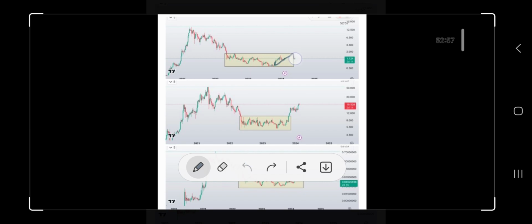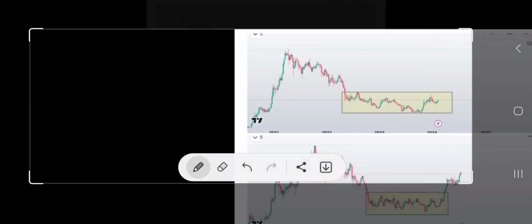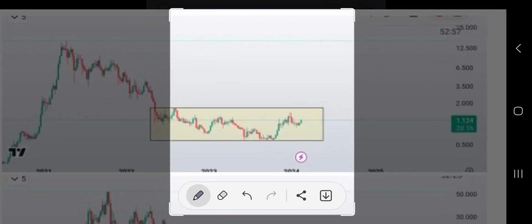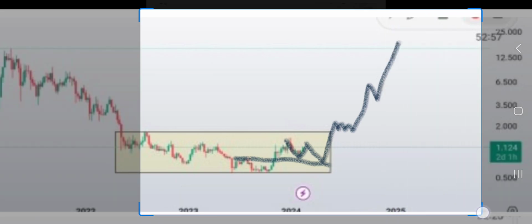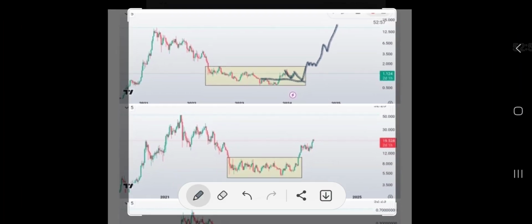a Theta breakout, right? So if I zoom in a little bit, now that breakout could be like this, where we have an A, B, and then we come down for a C, back test this area, then break out like this, and then continue to break out like that, right?